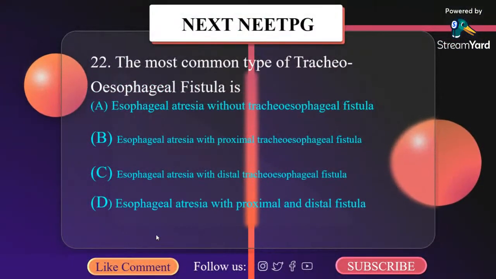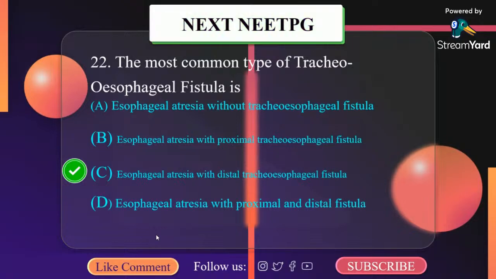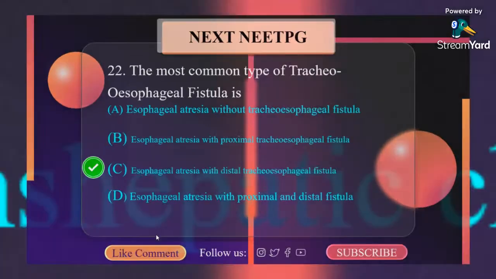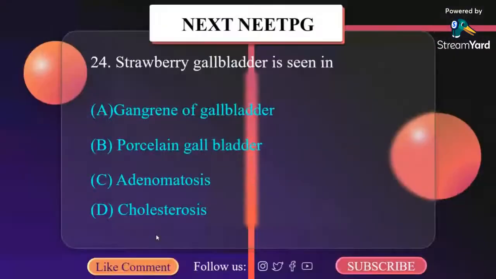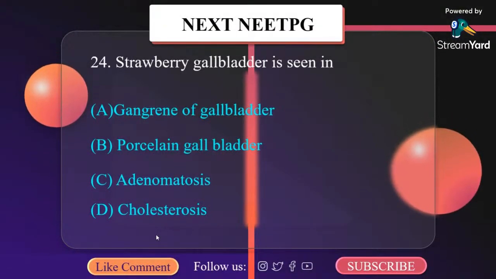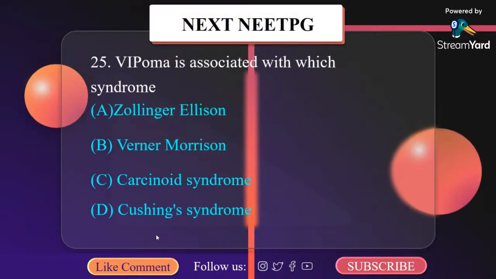The most common type of tracheoesophageal fistula is esophageal atresia with distal tracheoesophageal fistula. The best investigative modality for gallbladder stone is ultrasound. Strawberry gallbladder is seen in cholesterosis. VIPoma is associated with which syndrome?